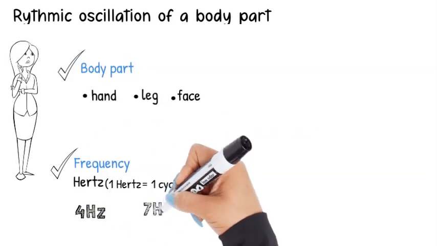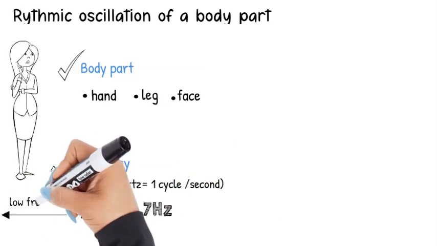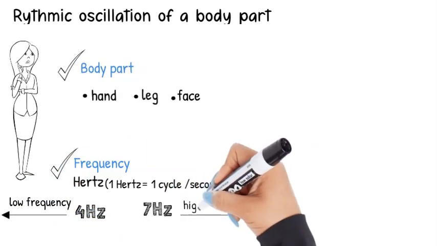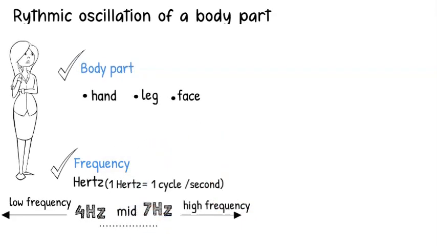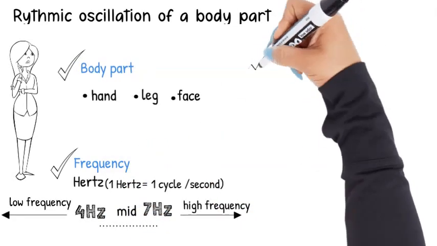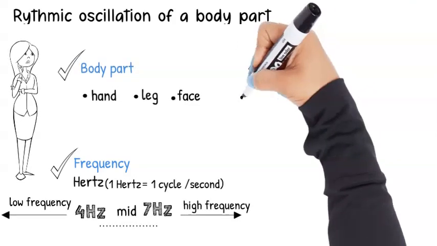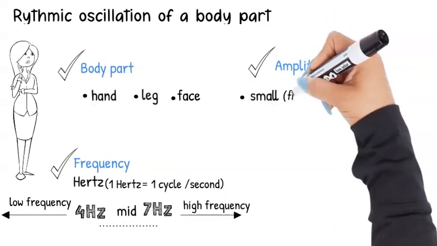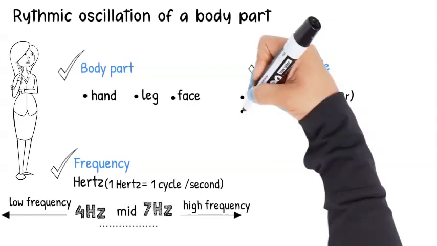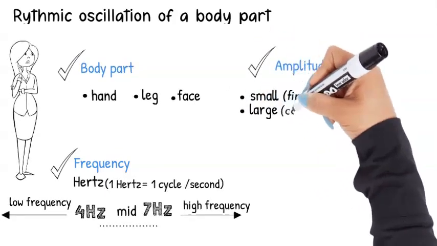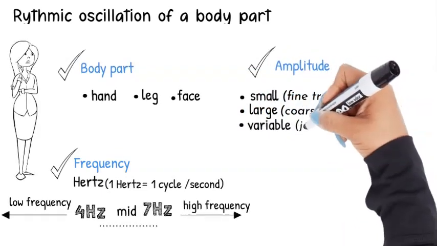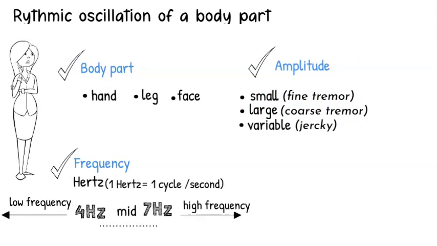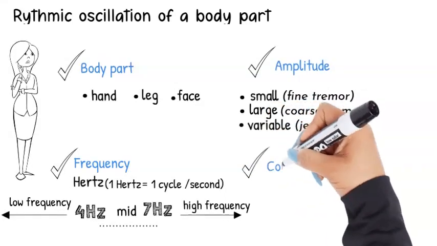per second. Tremor less than 4 Hz is usually referred to as low frequency tremor, and more than 7 Hz it is called high frequency, and in between it is called mid frequency tremor. Third, we have to mention its amplitude, whether it is small, called fine tremor, large amplitude is called coarse tremor, or sometimes it is variable, referred to as jerky tremor.